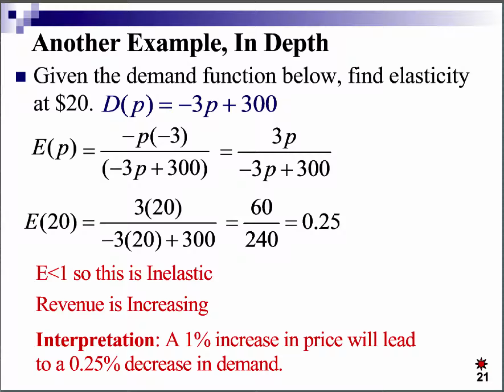So a 1% increase in the price here leads to only 1/4 of a percent decrease in the demand. We can increase the price here by a little bit, because the decrease in demand is only 1/4 of that, and therefore this particular price increase will lead to our overall revenue to increase or to get larger.